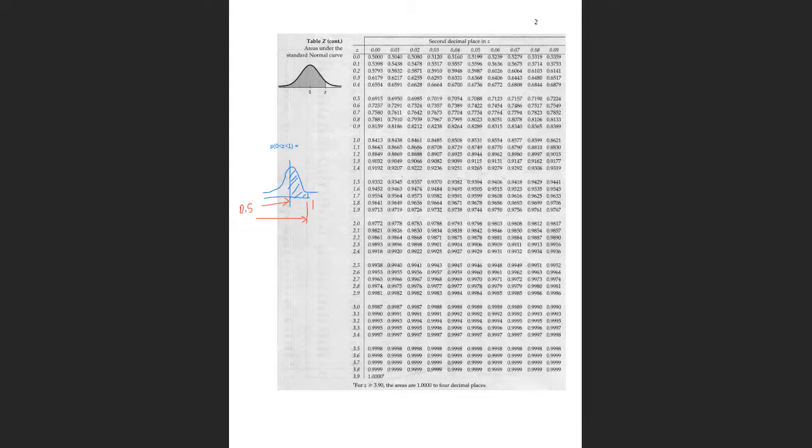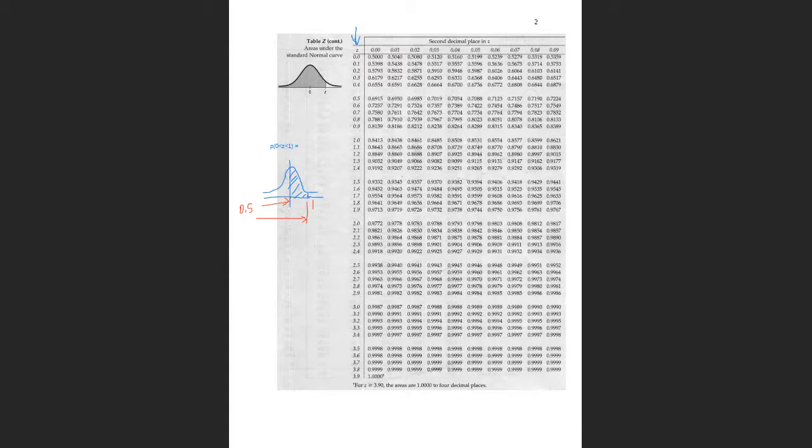We're going to look up the probability when z is equal to 1. First, I'm on the second page of my normal distribution table. Why the second page? Because z has all the positive values, and I'm looking for z equal to 1.